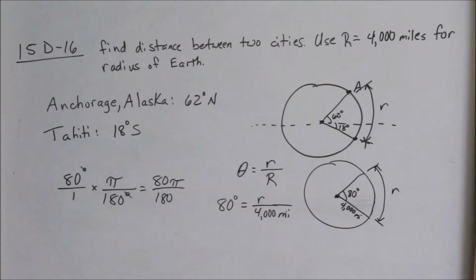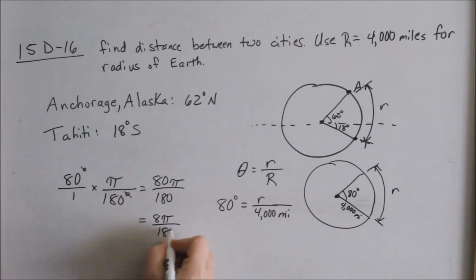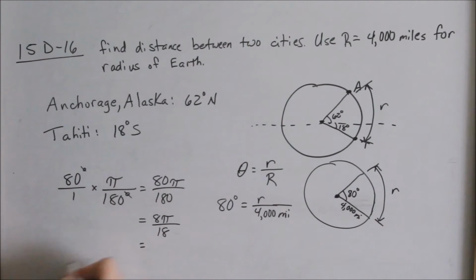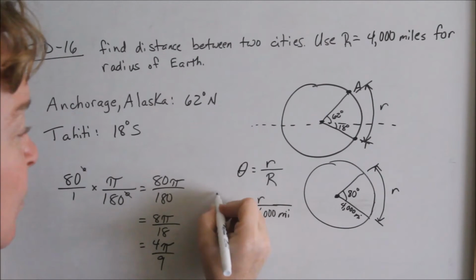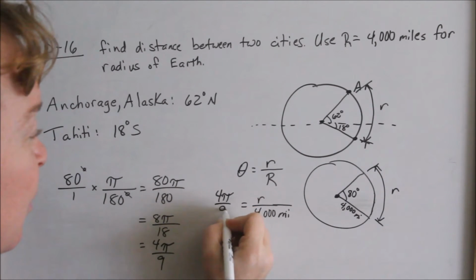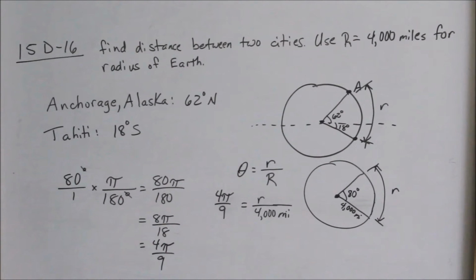You can go through reducing it. You don't have to go through reducing it, since we're going to use it in a calculation, but I do know that that will reduce by 10 and be 8 pi over 18, and I can also reduce that by 2. That would be 4 pi over 9. So instead of using 80 degrees, I need to use 4 pi over 9. You could have used 80 pi over 180, and your numbers would still come out the same.